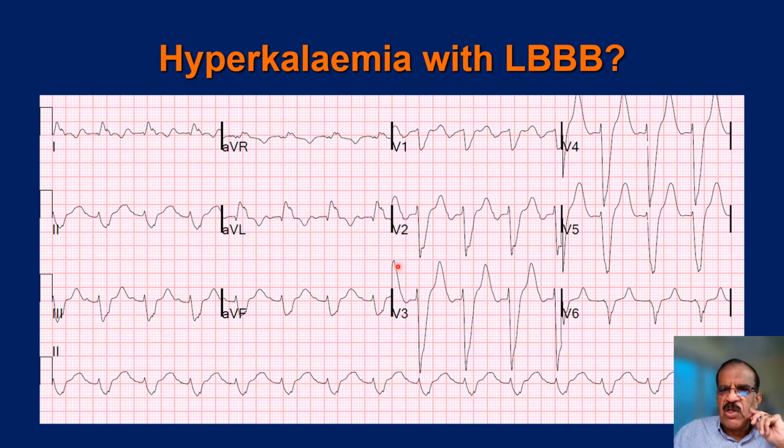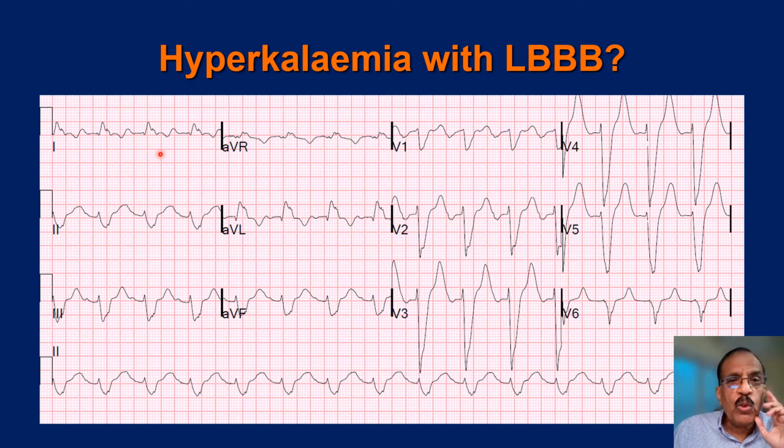Now this is a little tricky ECG. I think you have features of hyperkalemia. You have tall T waves, narrow based, but the QRS complex is fairly broad. I'm not sure if there is an underlying left bundle branch block on this ECG. But I had access to the ECG which was done after calcium infusion, and these changes, the broadening of the QRS complex, disappear.